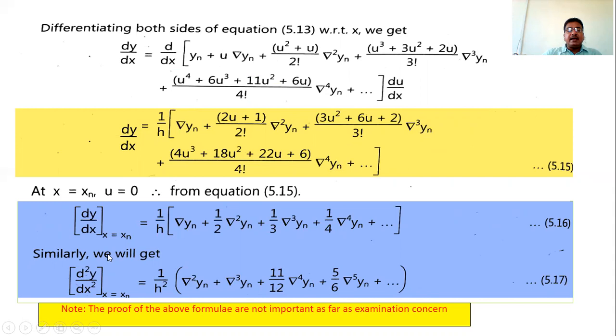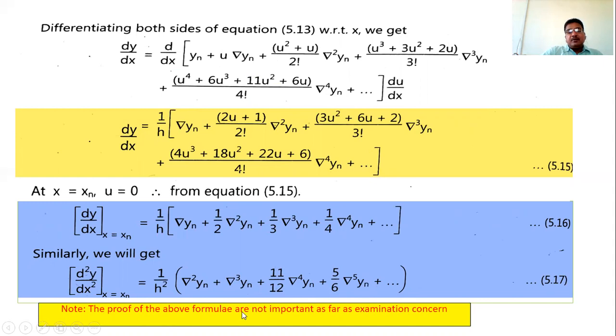Its value at x equal to xn is 1 by h square, and substituting u as 0 in the second order derivative, we get del square yn plus del cube yn plus 11 by 12 del raised to 4 yn plus 5 by 6 del raised to 5 yn, and if you find the further terms, the fifth difference term, the sixth difference term, we also have those.